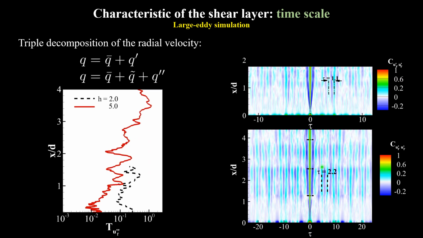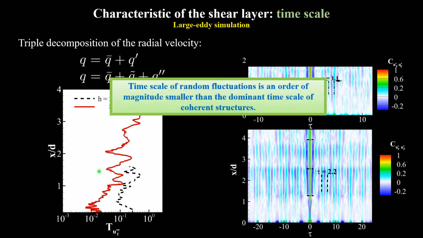If we use triple decomposition, that means we decompose the flow field into mean, coherent part, and fluctuations, and calculate the time scale of fluctuations, what we see is the time scale of random fluctuation is an order of magnitude smaller than the dominant time scale of coherent structures. This gives us the indication that these coherent structures are dominant in this flow field.